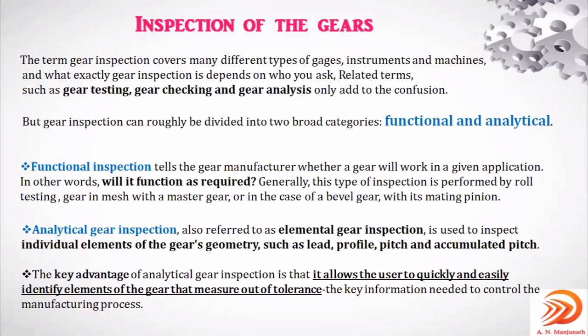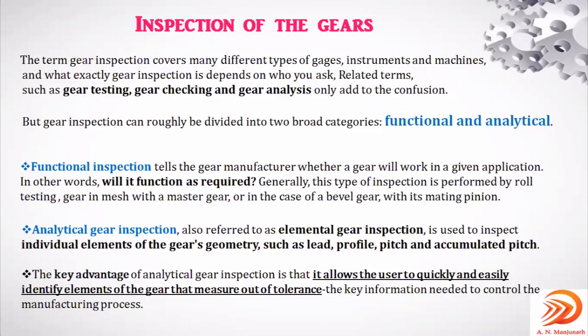That's why analytical inspection can also be referred to as elemental gear inspection. It can be the lead, profile, pitch, runout, or concentricity of the particular gear which is being manufactured. Those individual elements are inspected under this category. That is analytical gear inspection.